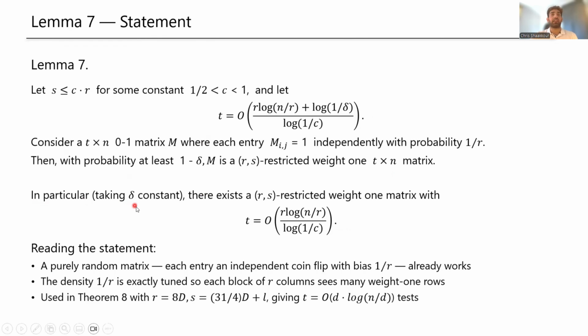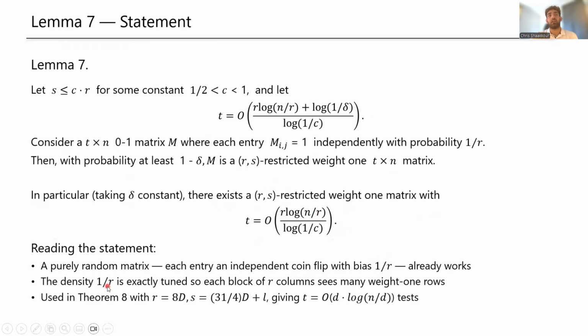So in particular, if we take delta constant, there exists an RS restricted weight 1 matrix with T equals O of R log(N divided by R) divided by log(1 divided by C). If we read this statement aloud, a purely random matrix, each entry an independent coin flip with bias of 1 divided by R, which I exactly explained.